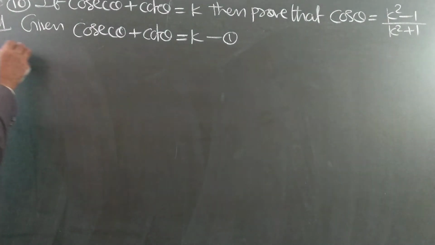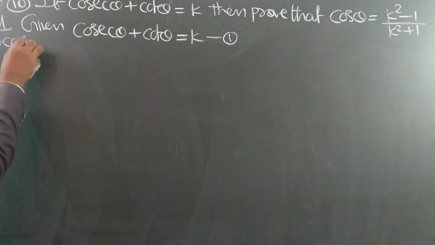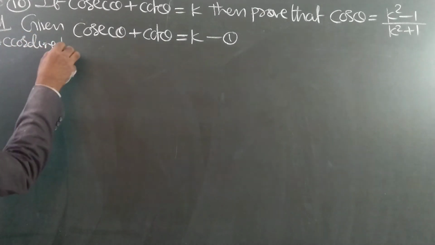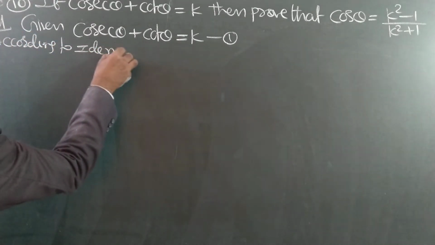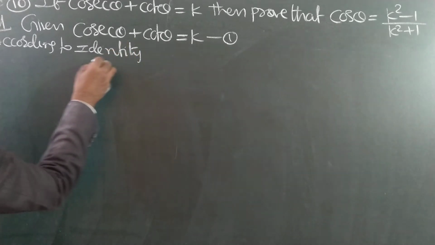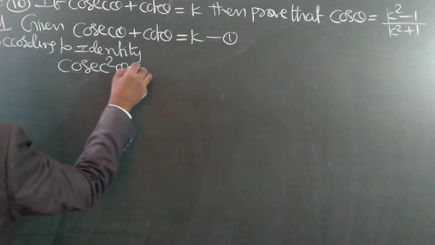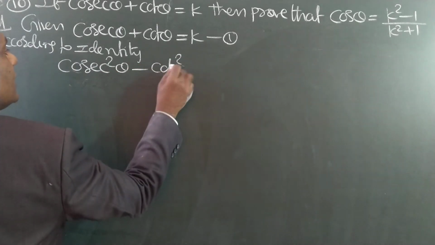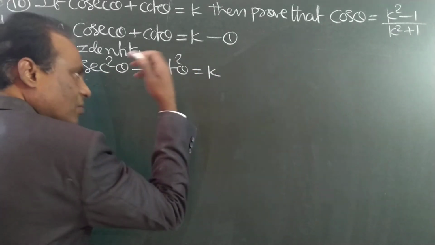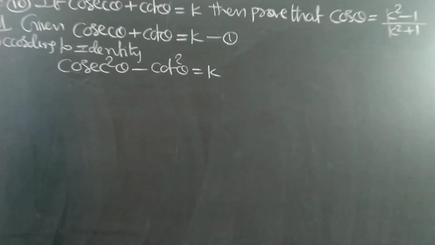Next, according to the identity, cosecant square theta minus cot square theta is equal to 1. This is the formula we know. This is the identity.